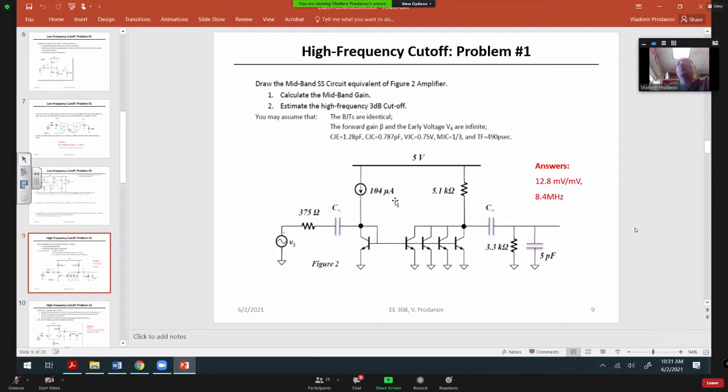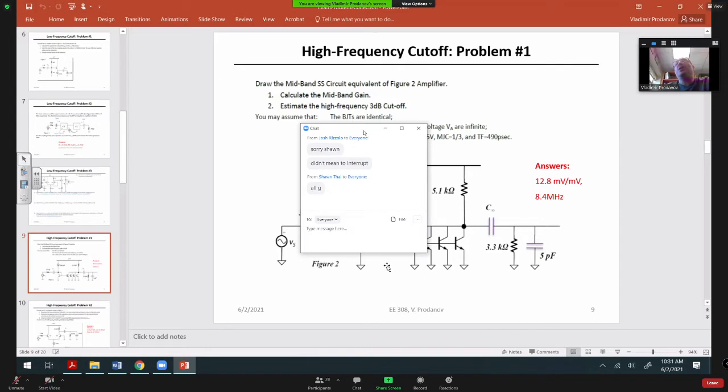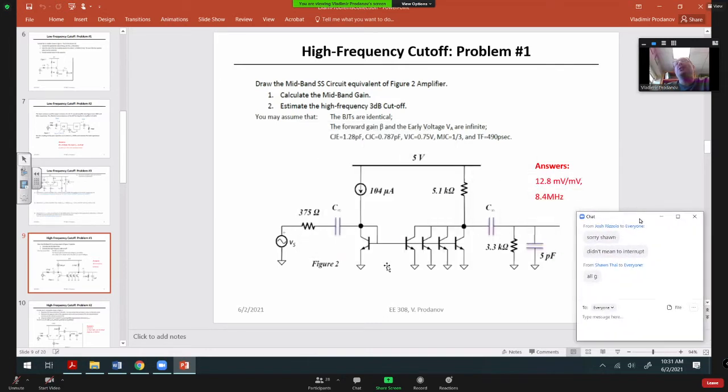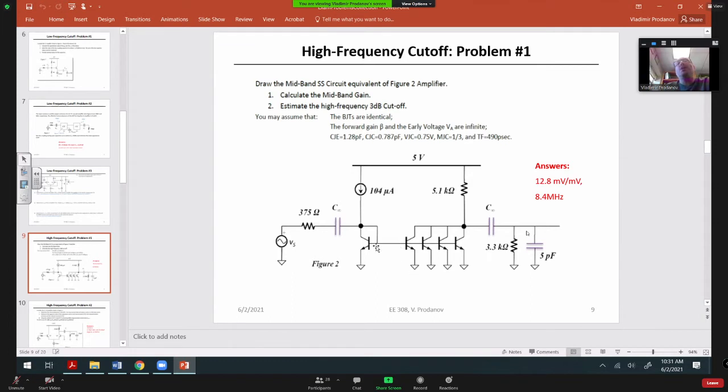So the way you're going to solve this one is you have to be careful with the number of Cmus and Cpis that appear in this circuit. Notice, if you calculate the Cpi of this device, since all the other four are conducting the same current, they will have their own Cpis with the same value, but four of them. You have one due to this device, one due to this device, one due to this device, and one due to this device.